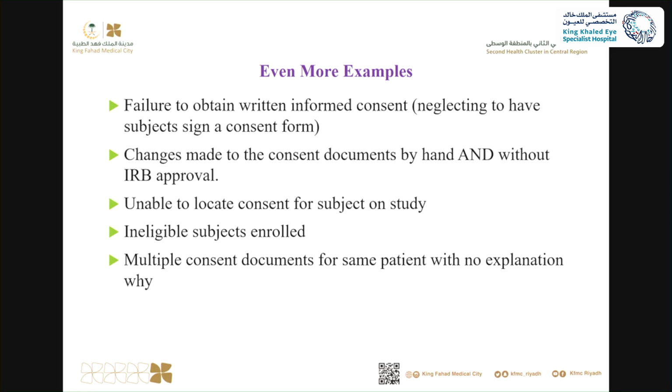Changes made to the consent documents by hand. Let's say you found out the nurses have been taking, instead of 6 mLs of blood, they took 5 ml, and then you started changing your consent 5 ml, 5 ml, 5 ml by hand. You cannot do that. You need to go back to the IRB, change the consent, and make sure this is changed.